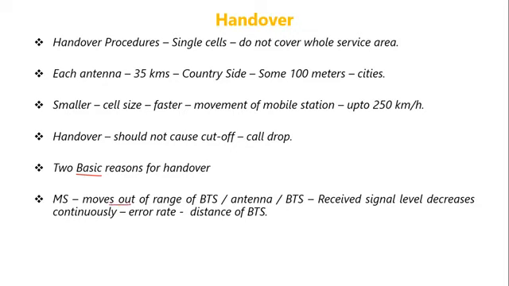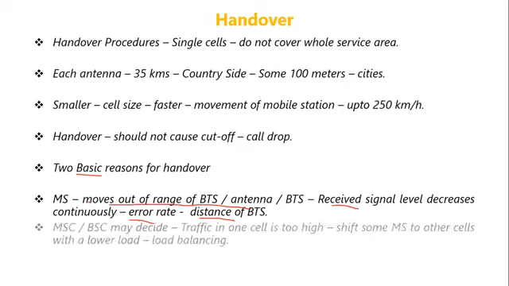First, the mobile station moves out of range of the BTS or antenna, so the received signal level decreases. The second is error rate. And the third is the distance from the BTS increases. Because of all these reasons, the quality of the radio link may decrease and communication may not be possible. So this is the first reason for handover.